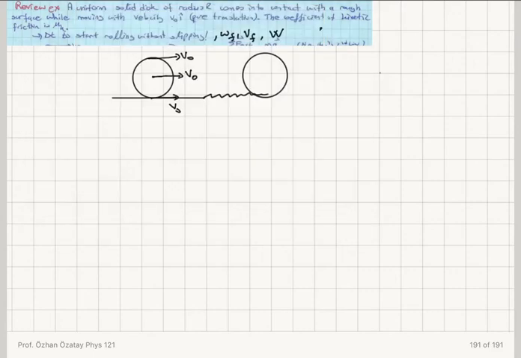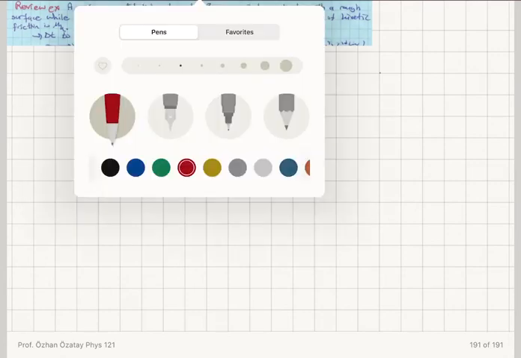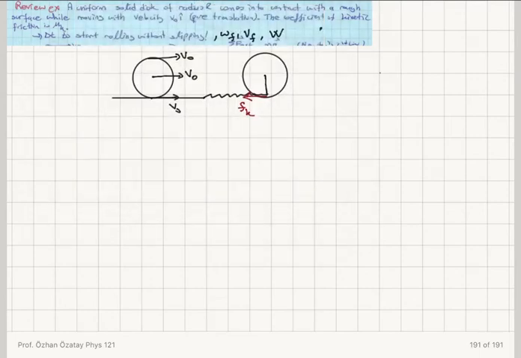It's just pure translation. And when it comes into contact with this rough surface, it's going to feel a force of friction, which will be kinetic friction opposing the motion, and that is going to give me a torque with respect to the center, and it will eventually turn this into rolling without slipping, so that I will have velocity equal to omega final times r, and this is rolling with angular speed omega final.